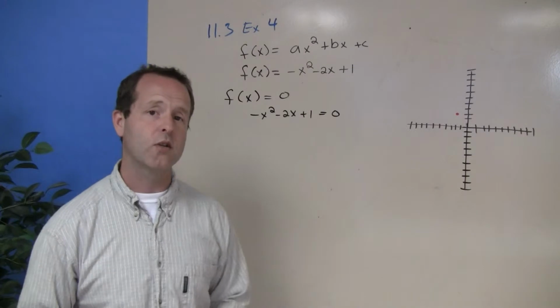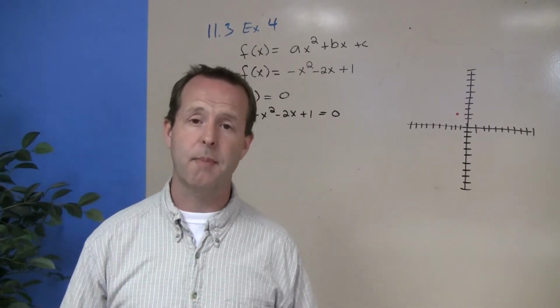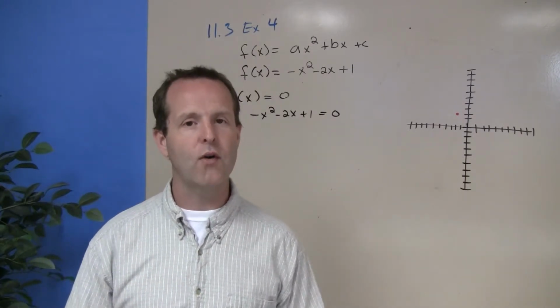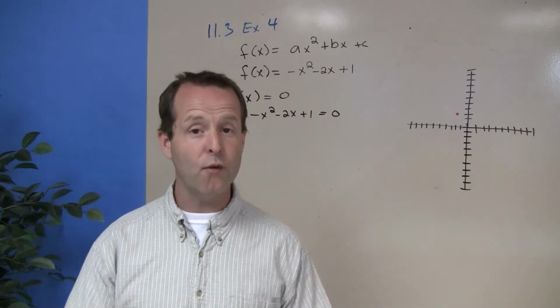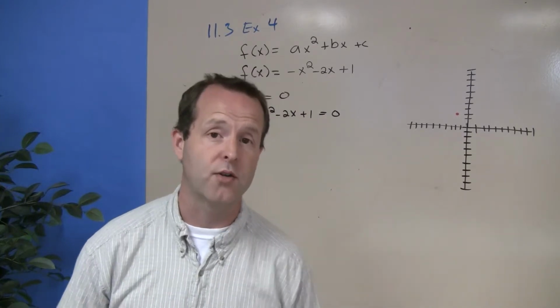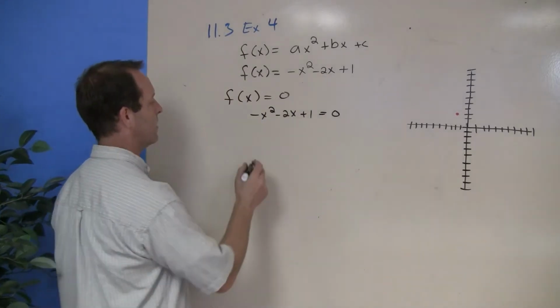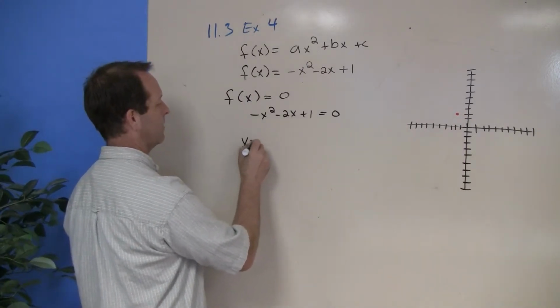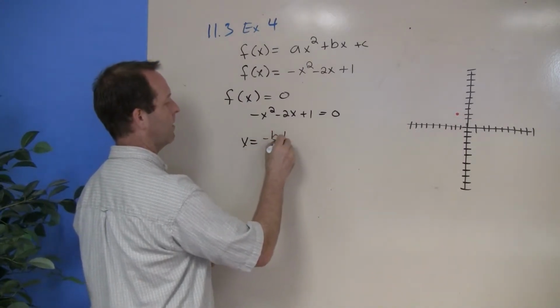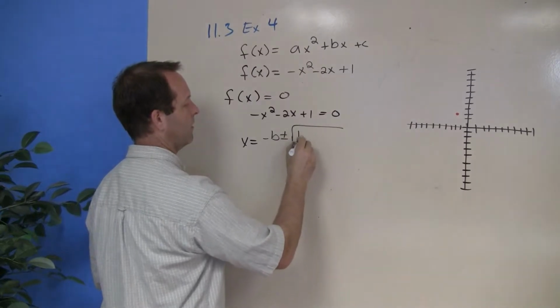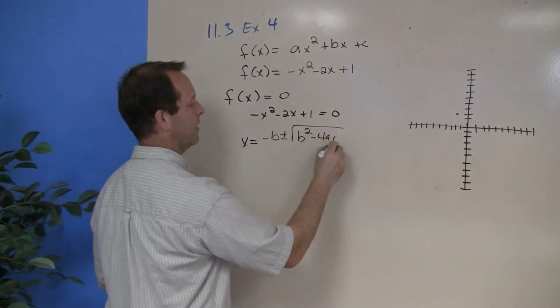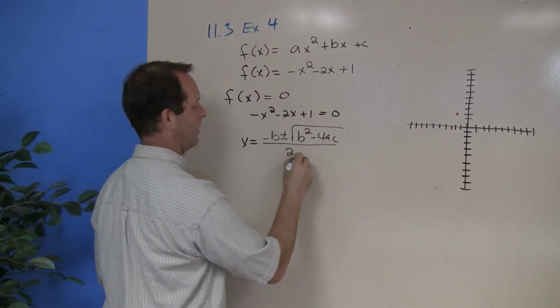Well, it looks like I have a quadratic. We can solve this by completing the square, or if we've already learned how to use that tool and built that tool ourselves, we can use the quadratic equation. So that's going to tell me that x equals negative b plus or minus the square root of b squared minus 4ac, over 2a.